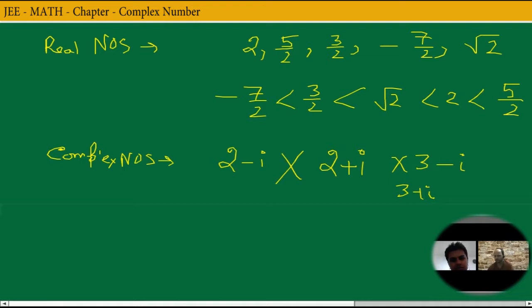This is the major difference between real and complex numbers, and it is very conceptual. A real number can be arranged in ordered form, while a complex number can't be.